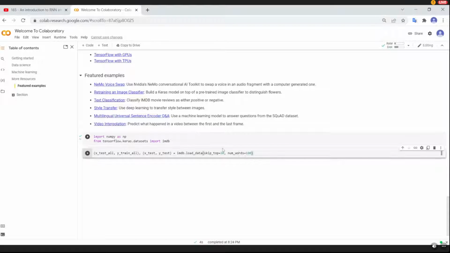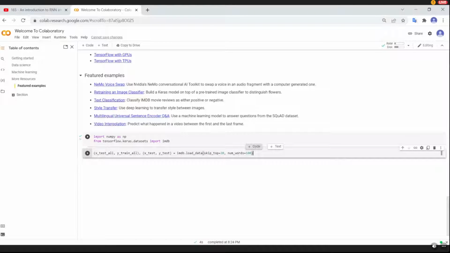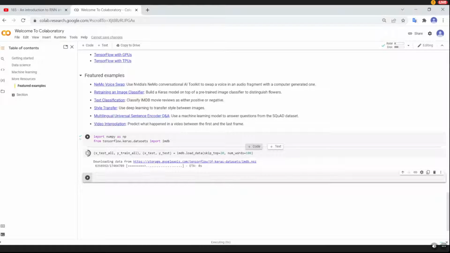Then we're only going to retrieve 100 words. So we're going to split into training and testing sets.